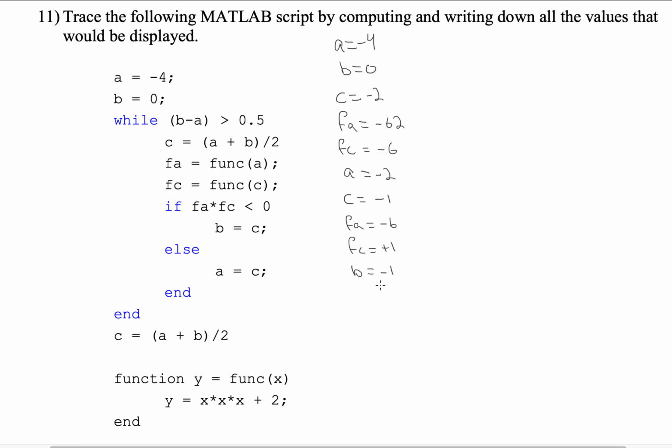b minus a greater than 0.5. So we have -1 minus -2. That's +1, so we can move on. So c equals (a plus b) over 2.